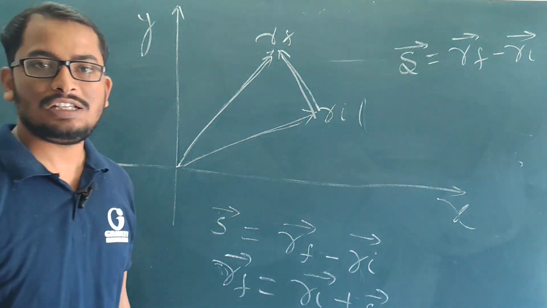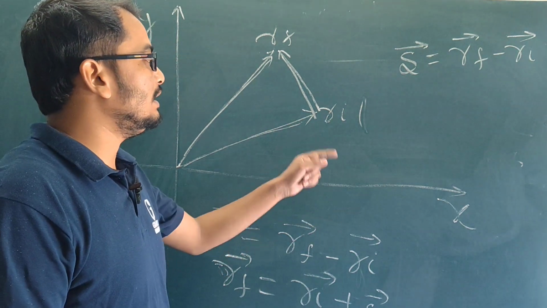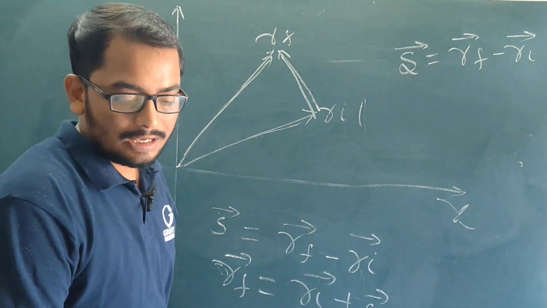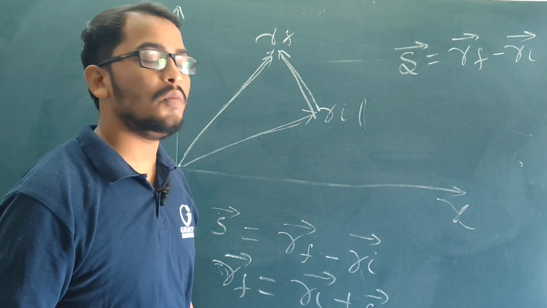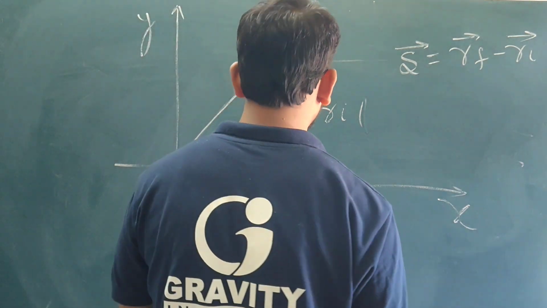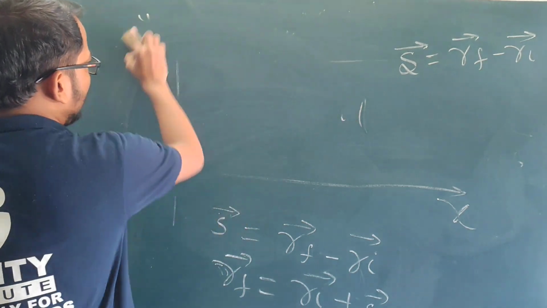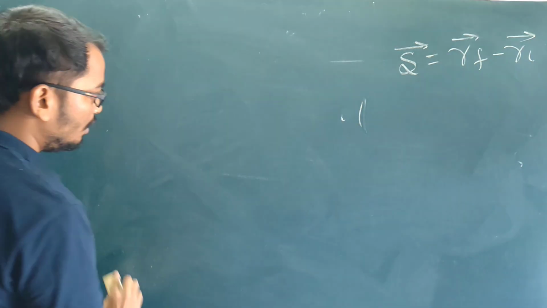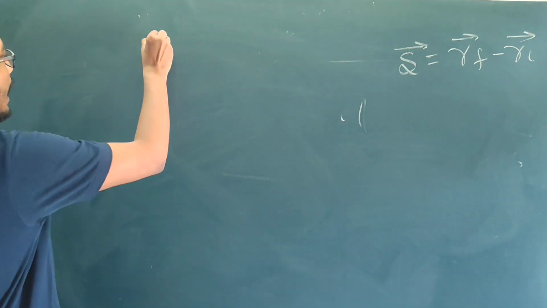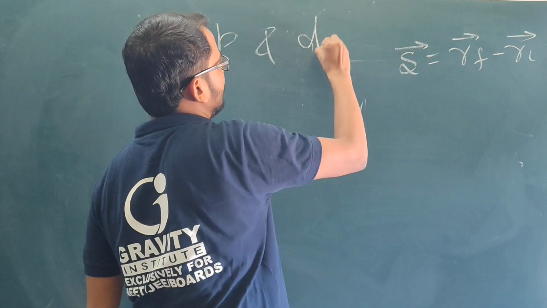What does it mean? The final position of the particle minus the initial position of the particle. It will be displacement if I write it in the form of a vector. So what are displacement and distance?